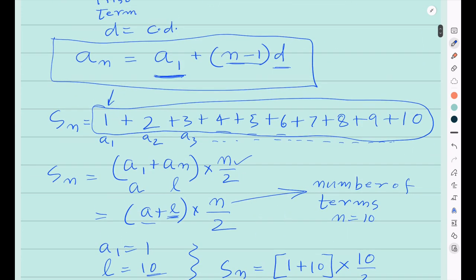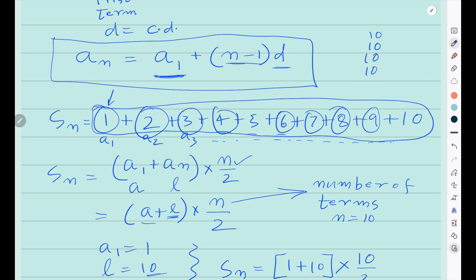We can always verify whether it is true or not. Let us do it in a very simple fashion. 9 plus 1 is 10, 8 plus 2 is also 10, 7 plus 3 is 10, 6 plus 4 is 10, and then this one, 10.